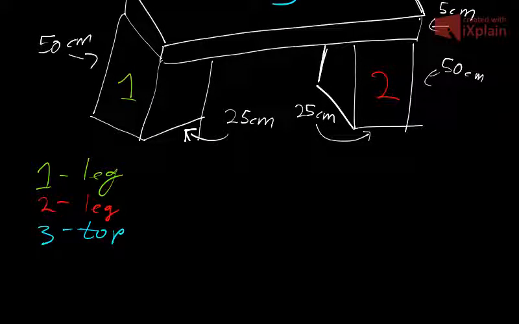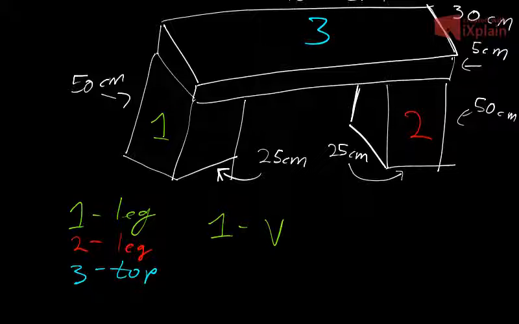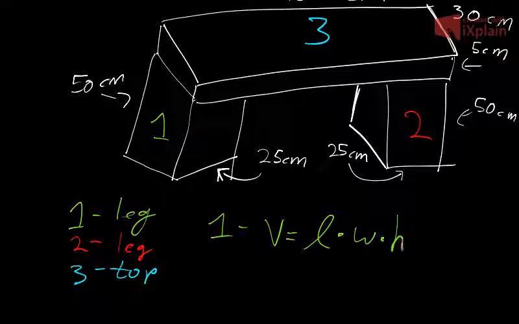So let's start by finding volume first of this first leg. Volume of a cube or a rectangular prism, as this really looks terrible. That's all right. Is going to be equal to length times width times height. And I have all those things.